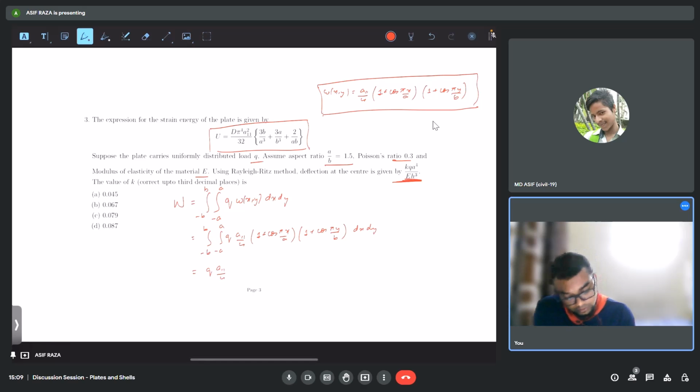So this will give me as a result 2a and 2b, that will be equal to q a11 ab.